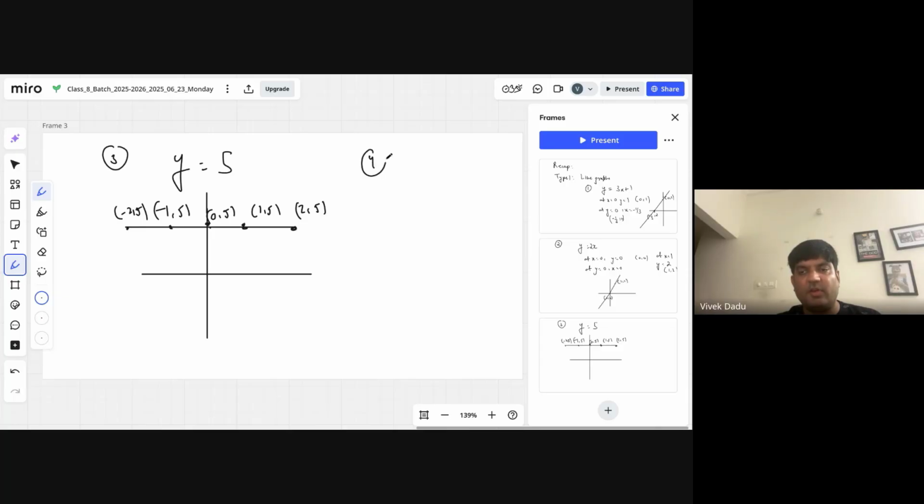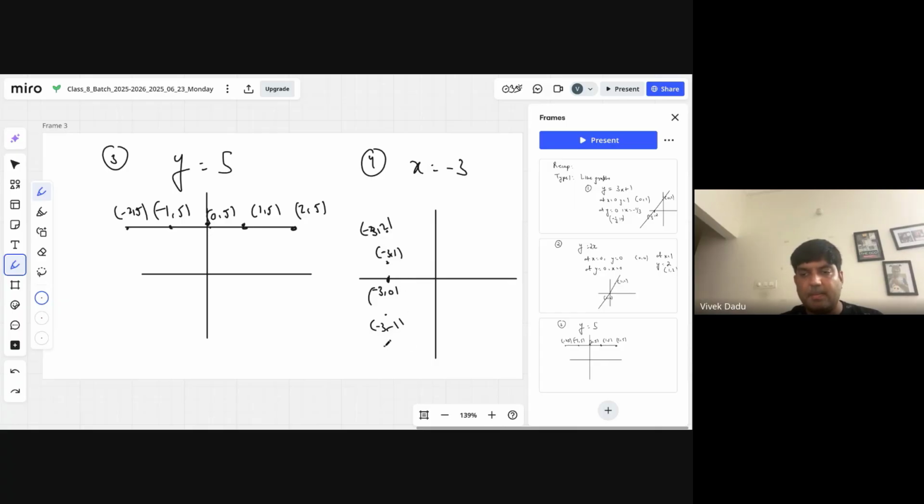Then you had fourth variation like x equal to minus 3 type. Same thing here, but this time what will not change? x. For example, minus 3, 0, minus 3, 1, minus 3, 2, all these points. Then on that side, minus 3, minus 1, minus 3, minus 2, so on.